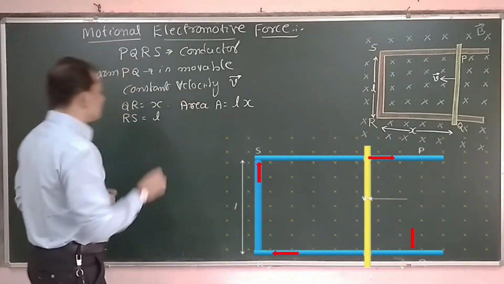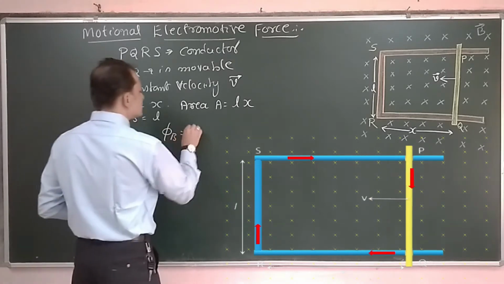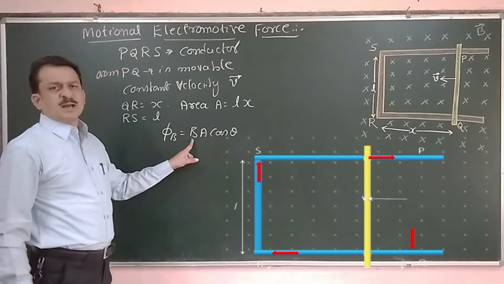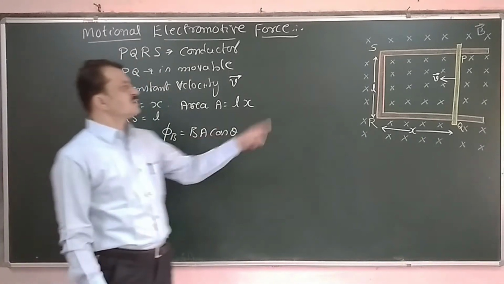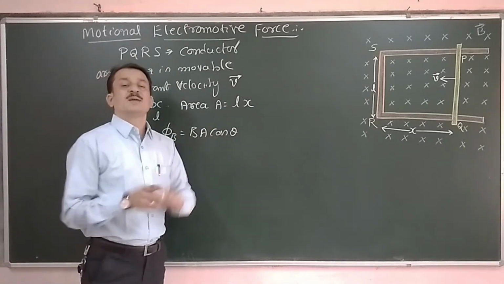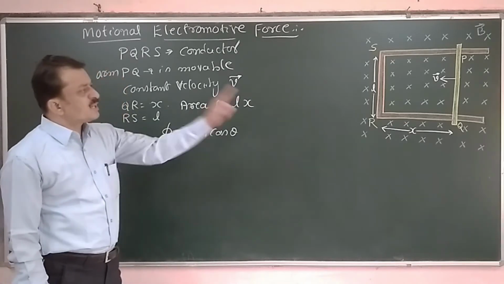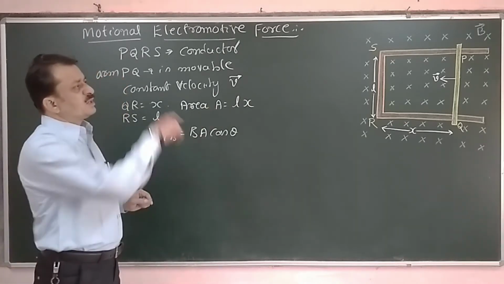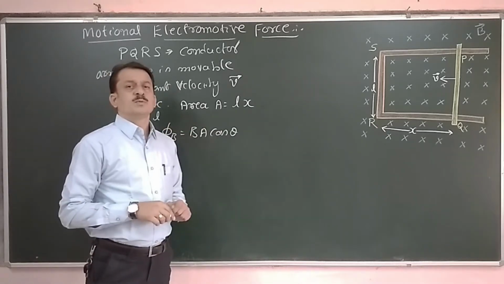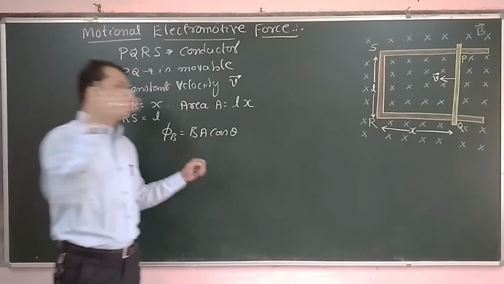Now the flux is given by the general formula, flux is equal to B A cos theta. B is the magnitude of the magnetic field, A is the area of cross section of that rectangular loop, and theta is the angle between the field vector and the area vector. Here, the normal to the rectangular loop and the field are in the same direction, into the plane of the board.